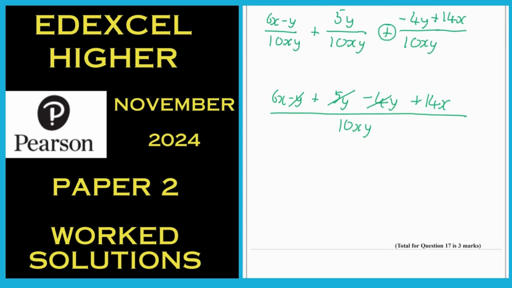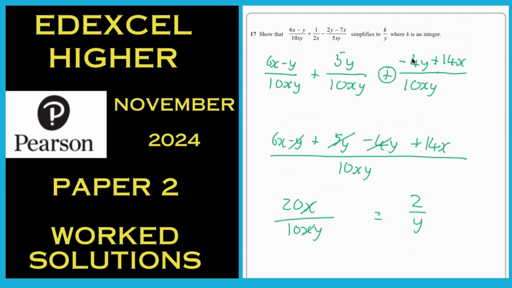They disappear. The y's, they all go away. On the top, we've got 6x's, 14x's, 20x. As you can see, firstly, the x's disappear, but not only that, 20 divided by 10 is 2.